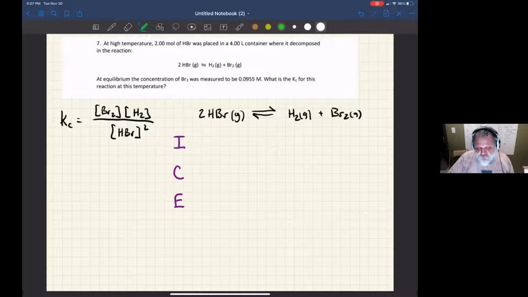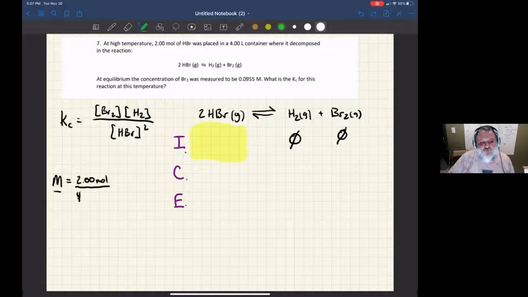All right, so I know that I need to figure out the initial value of HBr, but I know that the initial value of the products is going to be 0. So let's use the information in the problem to calculate the initial concentration. 2 moles divided by 4 liters gets me 0.500 molar.